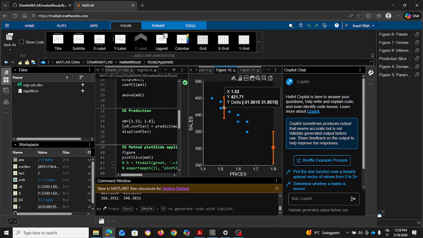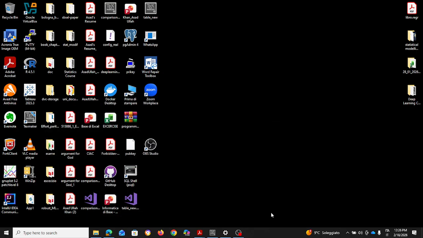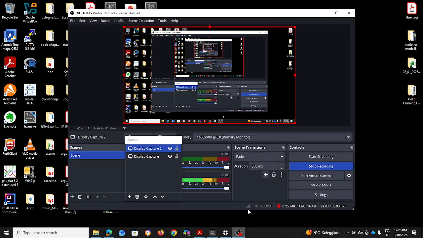So the point lies here, and it has an error interval from here to here. Okay, good. We stop here and see you tomorrow in the lab.